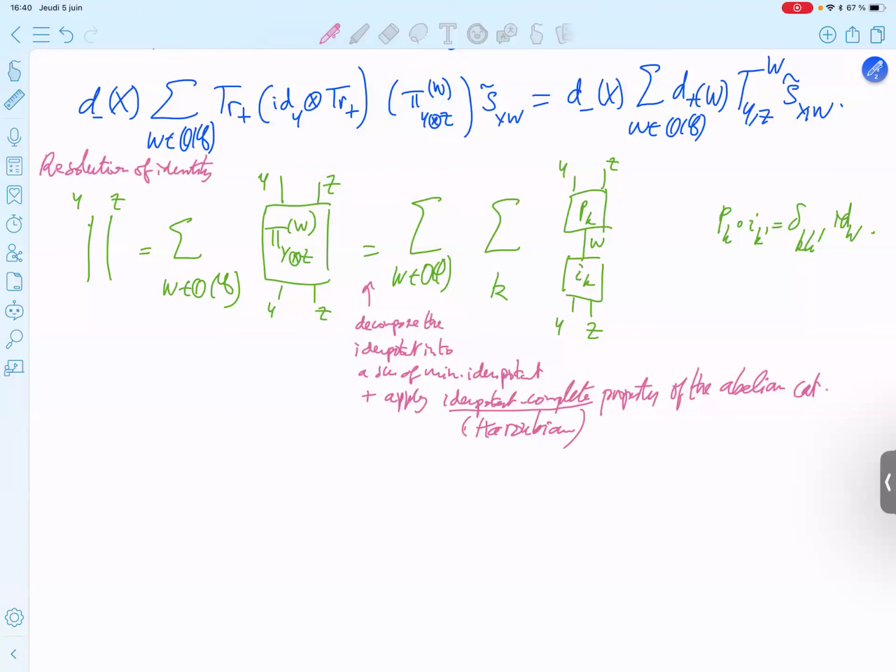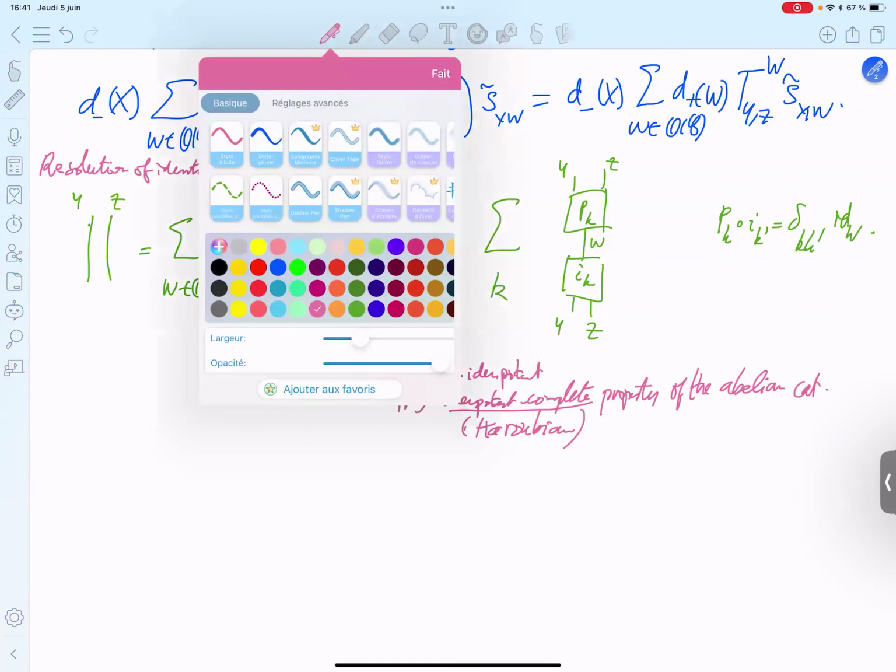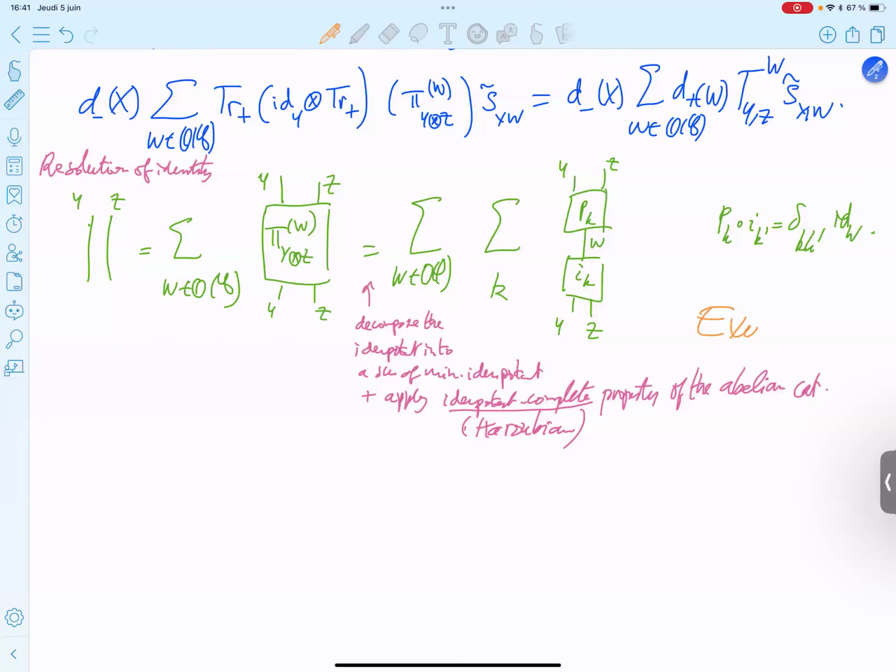Okay, so you can write the identity this way, and the sum here is the sum over all the minimal idempotent. Maybe you can write the details as an exercise. Anyway, this is fundamental.